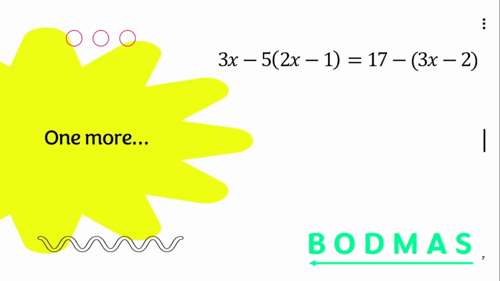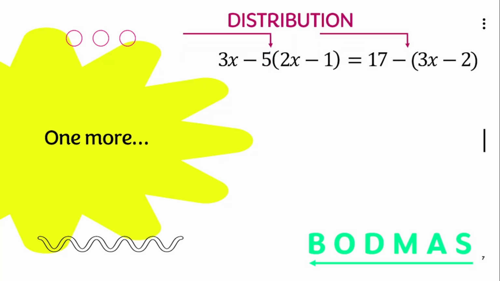So let's look at one more example. Now this example includes brackets. So we are going to have to use distribution. So now the problem here is you would ask yourself, what causes subtraction? What causes addition?